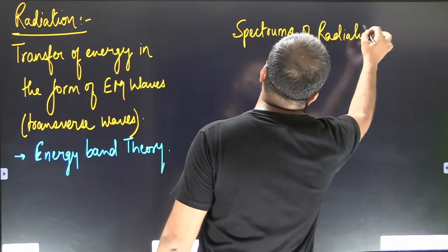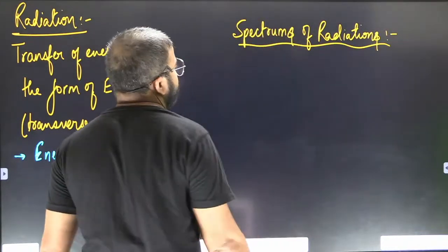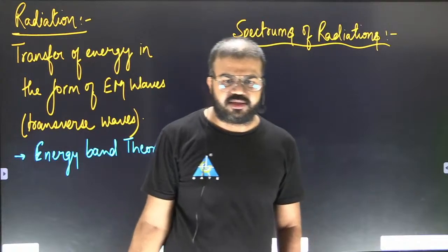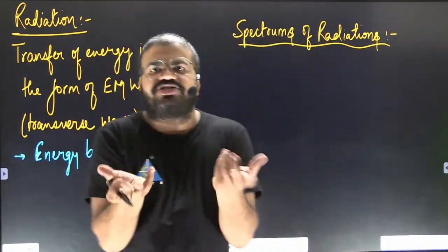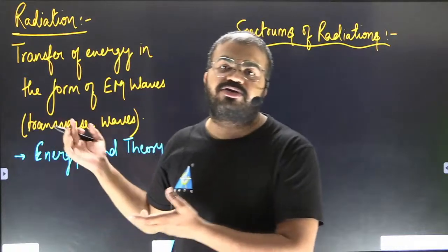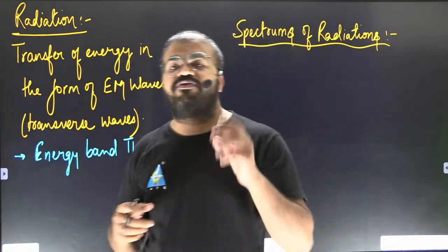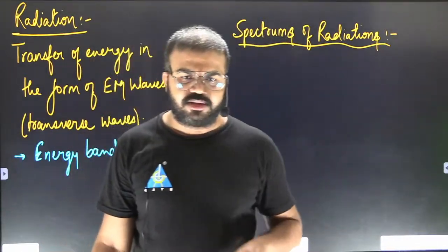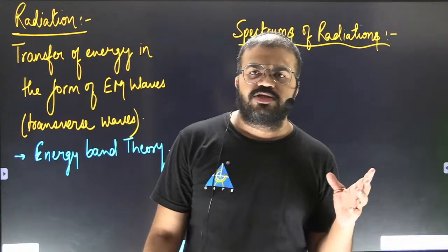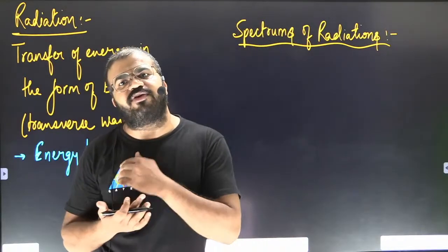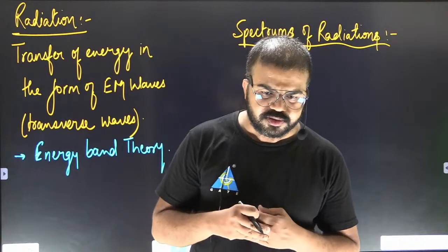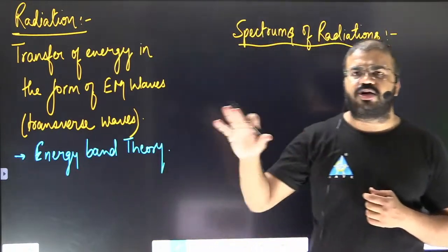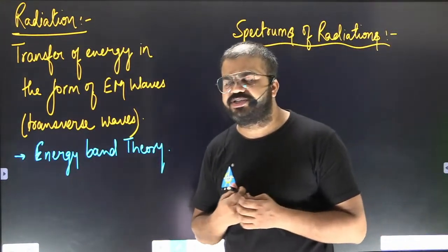Let me tell you one more thing: there is something known as Prevost theory, I'll explain it in radiation. I've just given you the introduction to convection and conduction. The domain is very large, so when we explore it one by one, I'm going to tell you each and everything about it. Right now, let's talk about the spectrums of radiation.